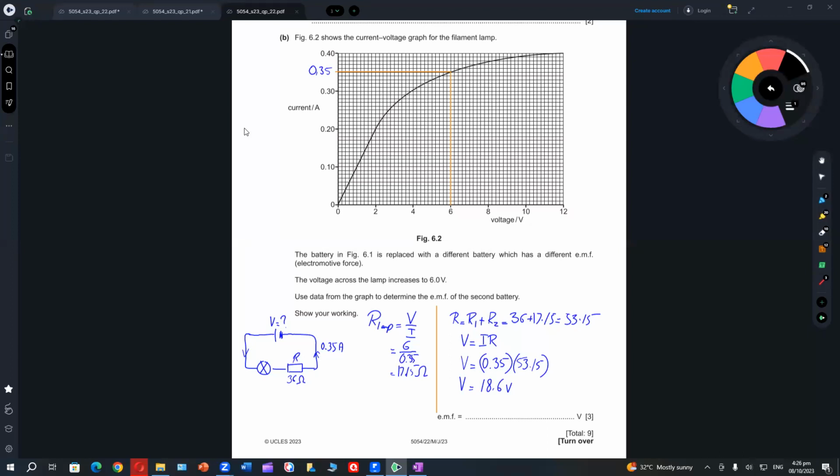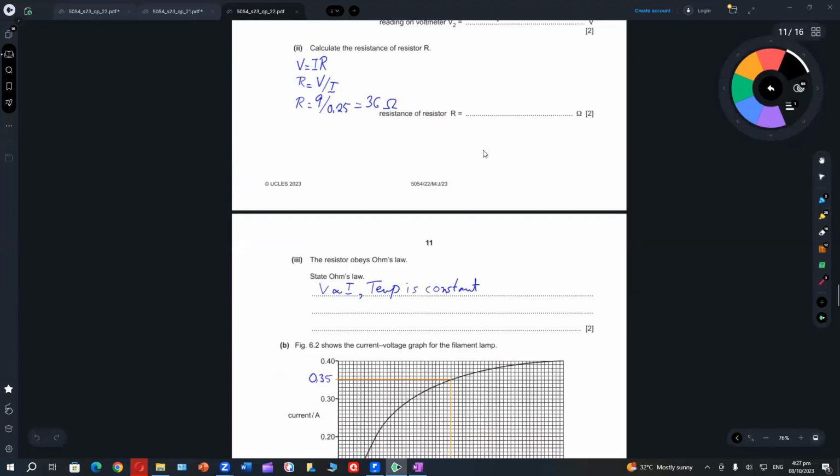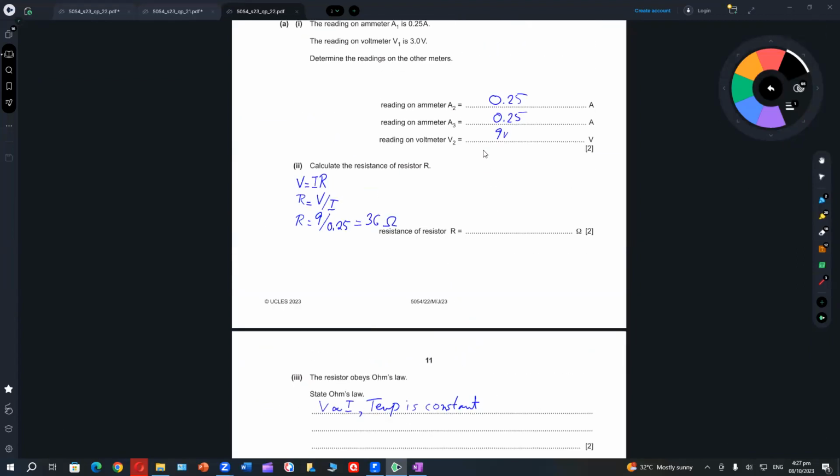I have drawn the circuit for my convenience. Find the resistance of the lamp and then the total resistance and then solve it to find the voltage. Thirty-six was our part 2 answer.